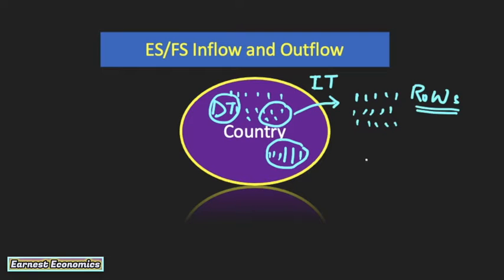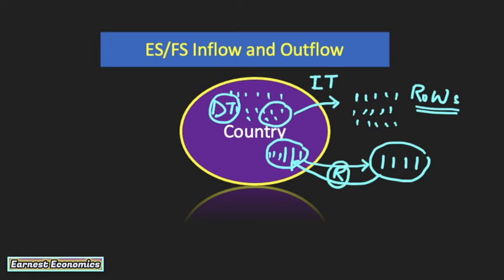However, at the same time, we also know that some individuals move outside their countries. They go to other countries, earn their income there, and send money back to their families in the domestic country, which is the income utilized by their families. So this is what we call remittances.